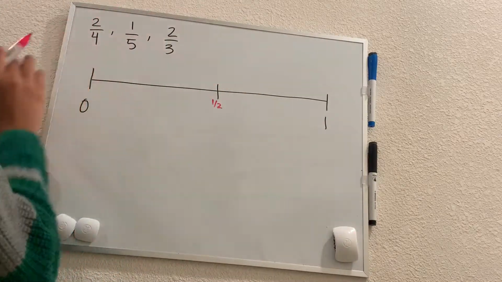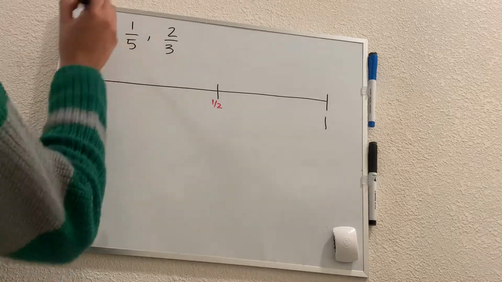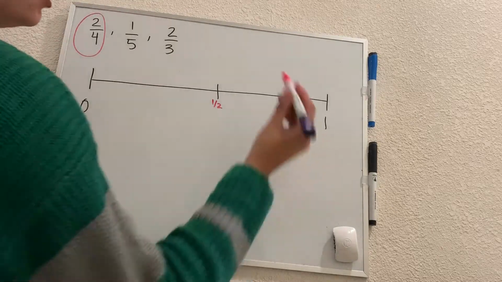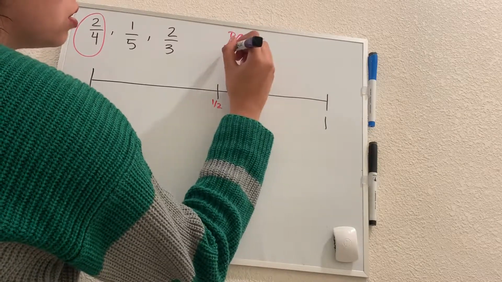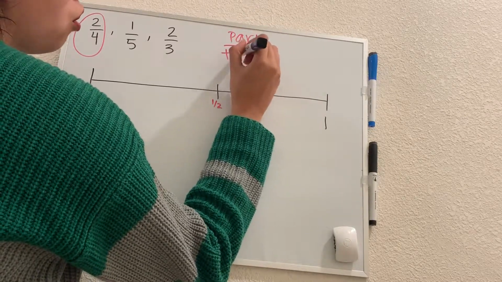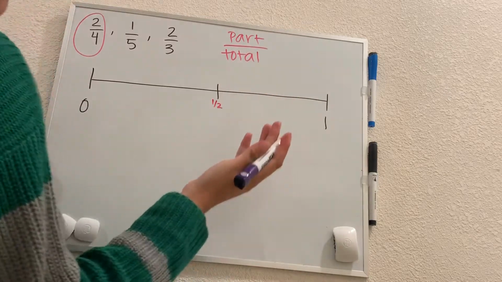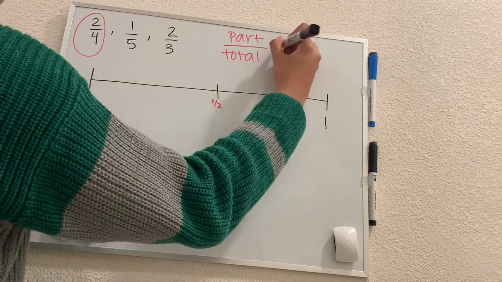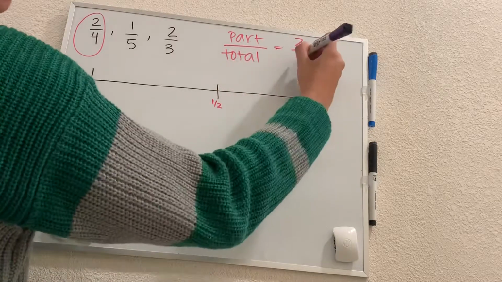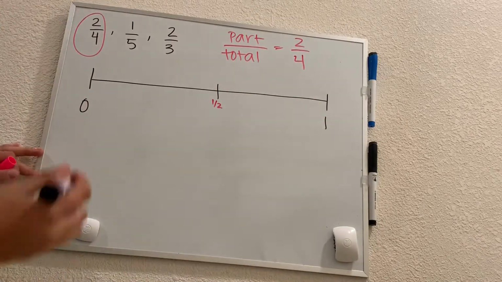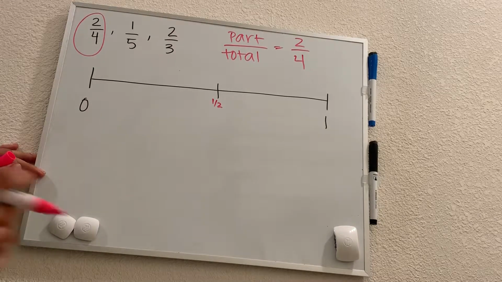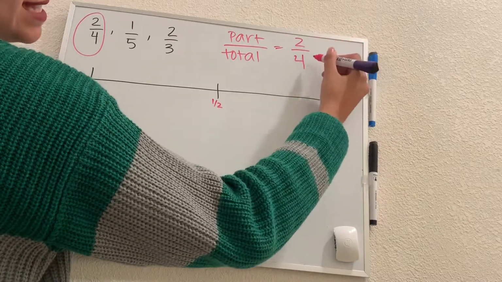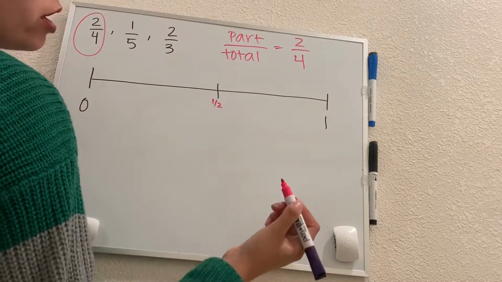So first let's work with 2/4. You know that a fraction is a part over a whole or a total, right? So 2 is the part, 4 is the total. What do you notice about this fraction? What I notice about this fraction is that 2 is exactly half of 4.